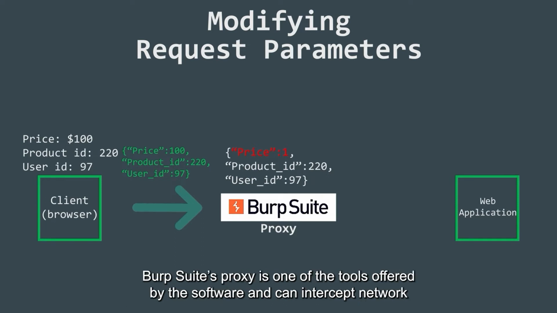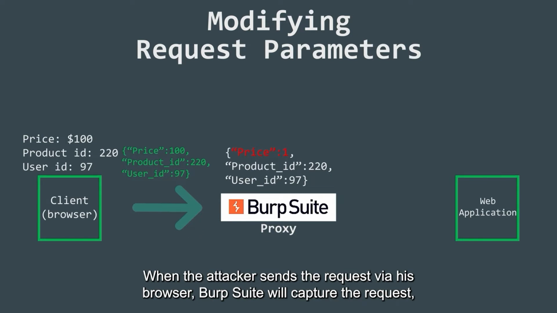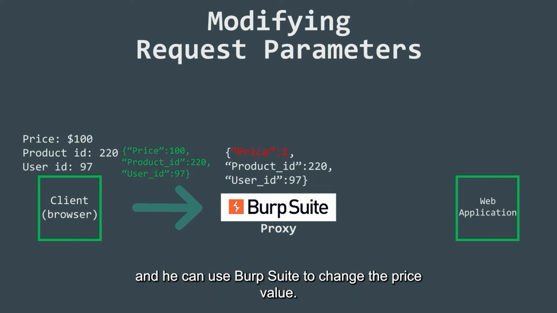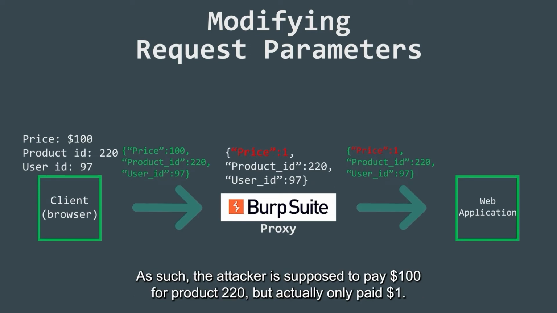Burp Suite's proxy is one of the tools offered by the software and can intercept network traffic and alter requests. When the attacker sends the request via his browser, Burp Suite will capture the request, and he can use Burp Suite to change the price value. The altered request will be then sent to the web application instead of the original request. As such, the attacker is supposed to pay $100 for product 220, but actually only paid $1.